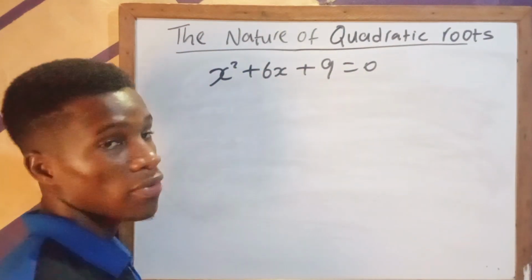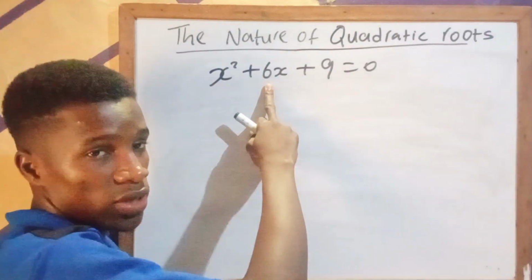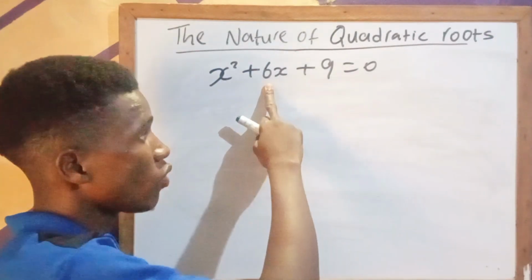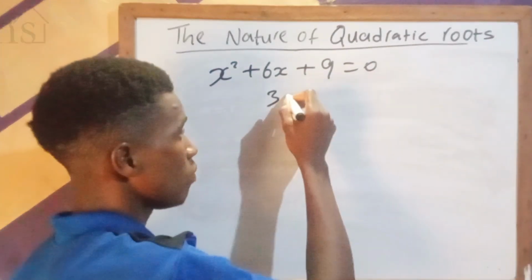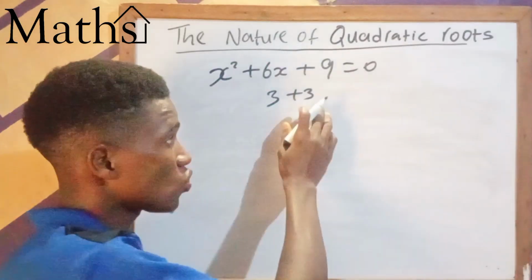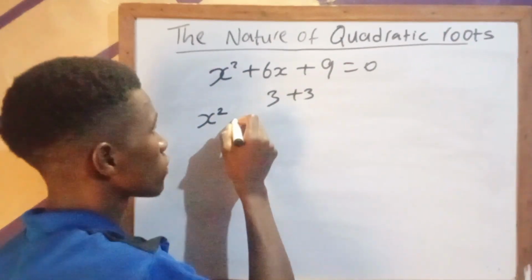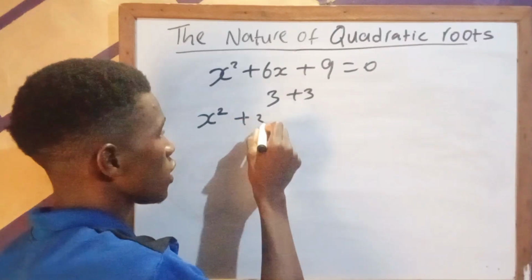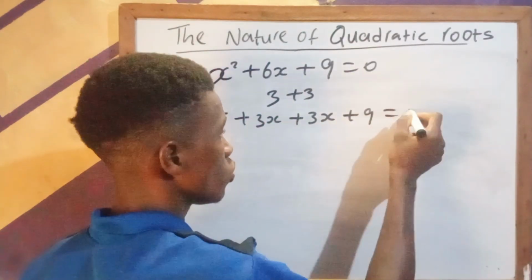First of all, we'll see if we can factorize this expression. Are there two numbers that add up to 6 and multiply to give 9? Yes, 3 plus 3 gives us 6, and 3 times 3 gives us 9. So we have gotten two factors, so we can factorize this. We have x squared plus 3x plus 3x plus 9 equal to 0.